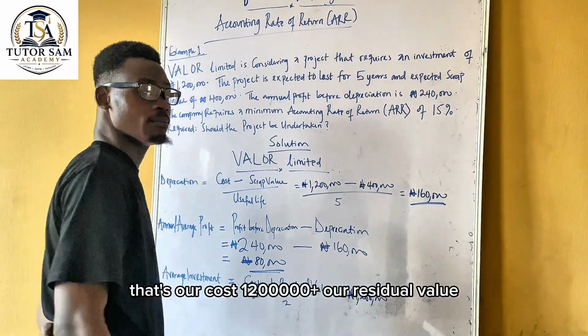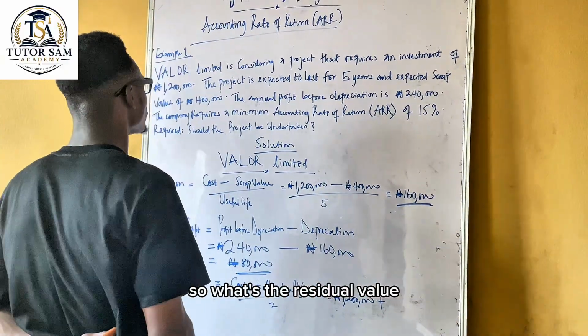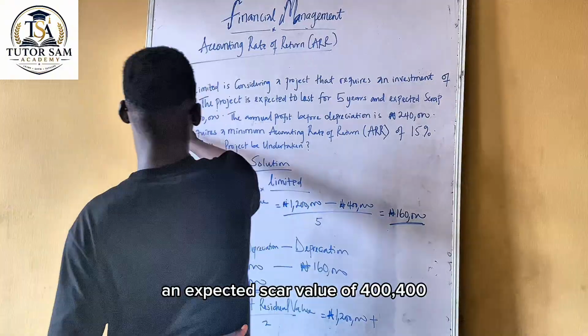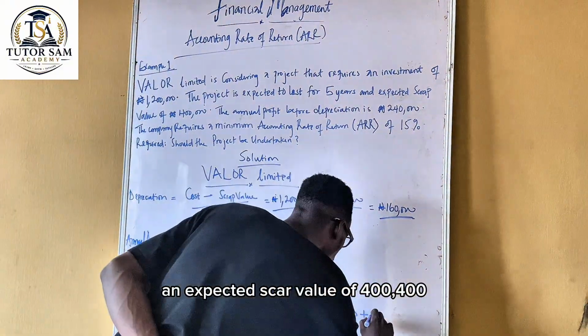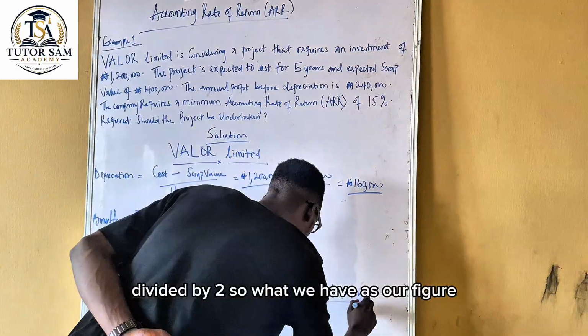That's our cost, 1,200,000, plus our residual value. So what's the residual value? That's the scrap value, right? An expected scrap value of 400,000, divided by 2.